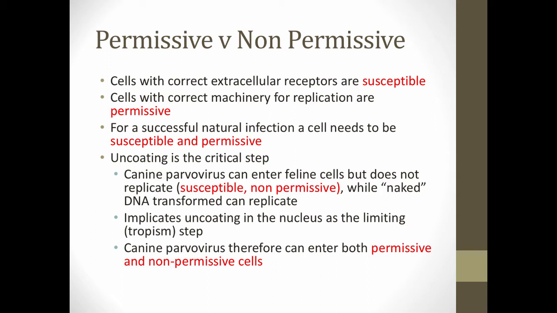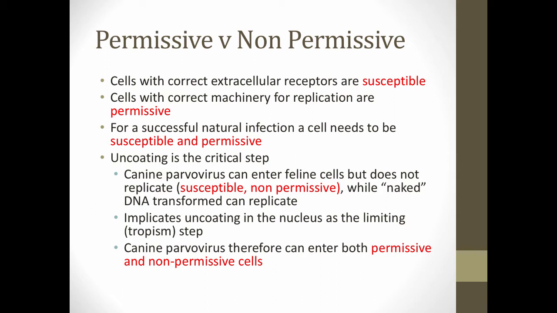The virus has to be able to get in, and once inside, the cell either needs to have the correct machinery or be able to be reprogrammed to have it, to duplicate that viral genome, make viral proteins, and send virus out to find a new host. Again, uncoating at the nucleus is the critical step for these small single-stranded DNA viruses.